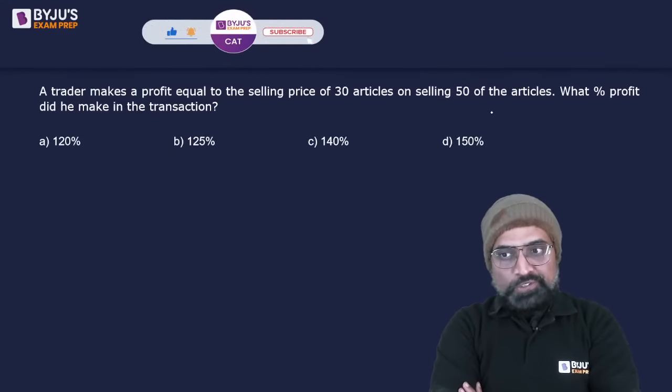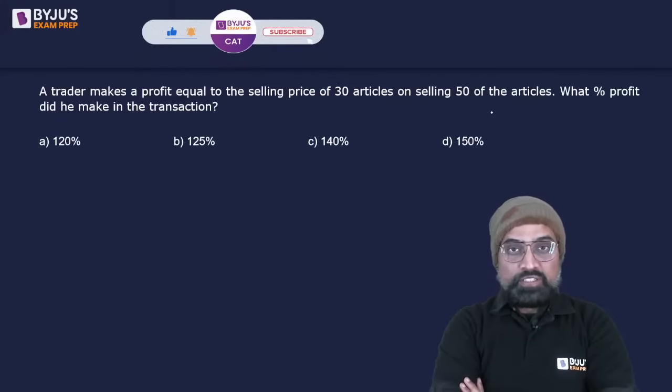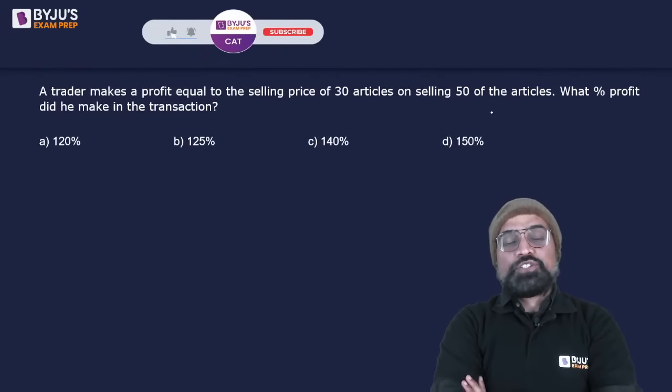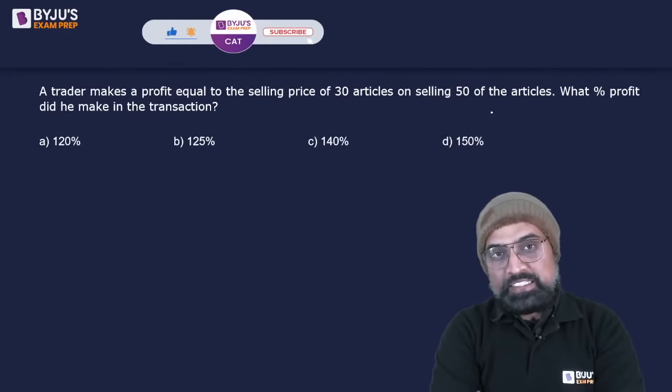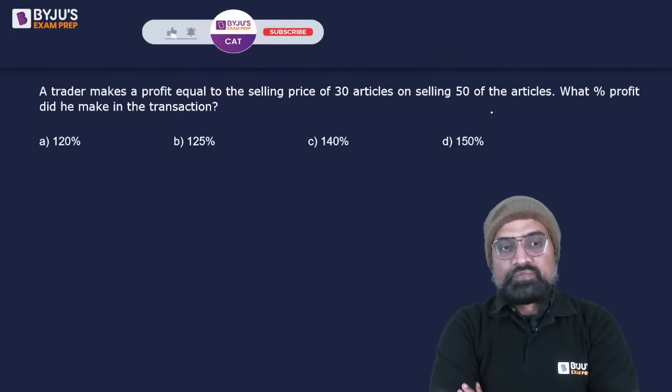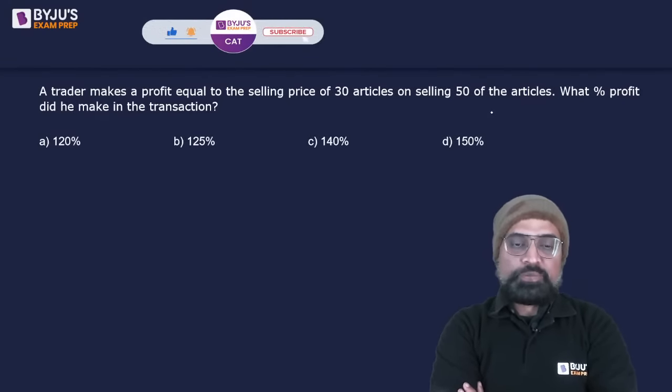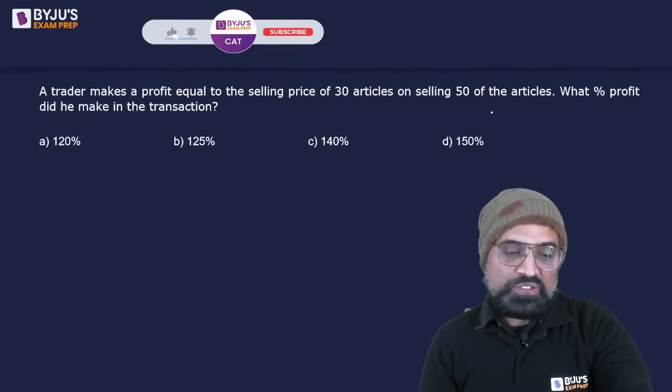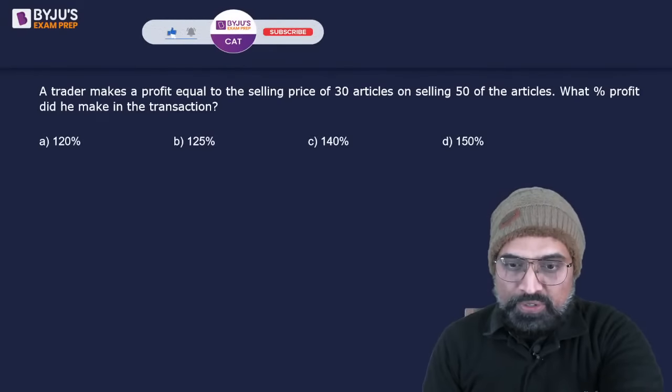So this solution or the equation is right there in front of your eyes. It's there in the question itself. Your target is to find out SP divided by CP. And once you get that, you will get your profit percentage. So let's see how many of you can solve this.